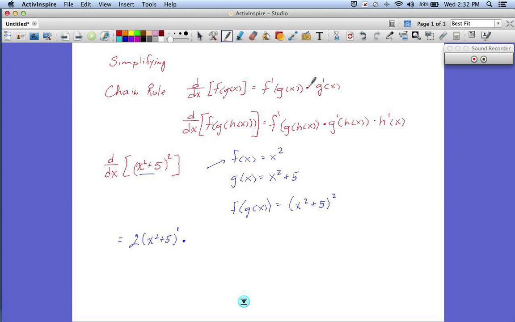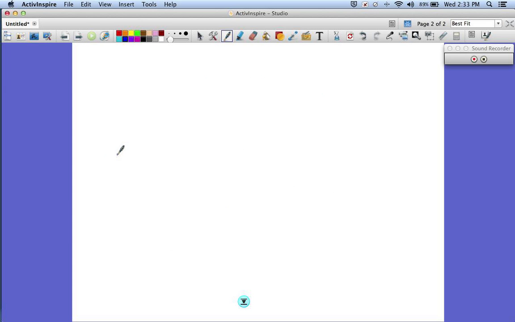Times, chain rule says multiplication, times the derivative of g of x. Well, g of x is x squared plus 5, so the derivative of x squared plus 5 is 2x. So my final answer would be 4x times x squared plus 5. All right, so that was a quick refresher on the chain rule. We'll now jump into that whole simplifying piece we were talking about.